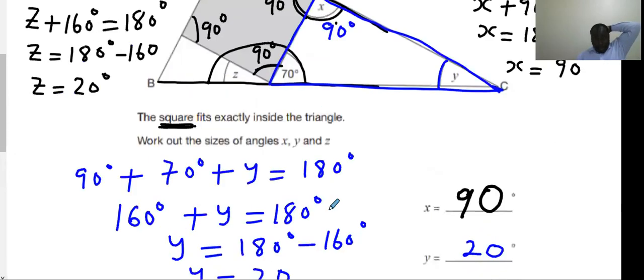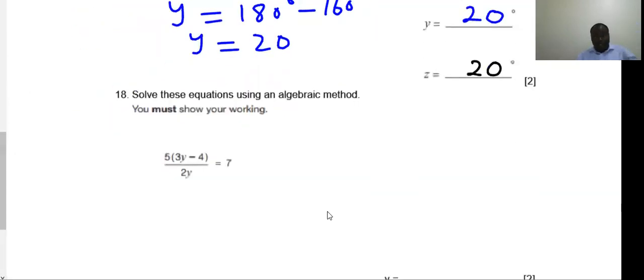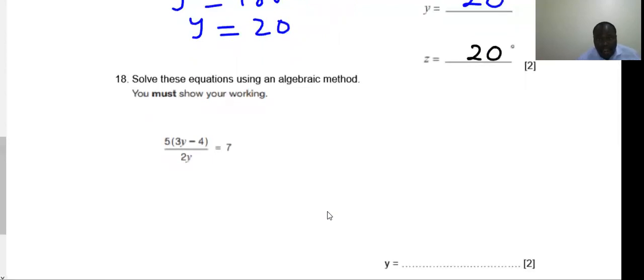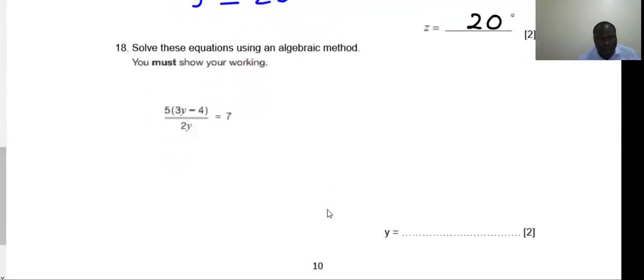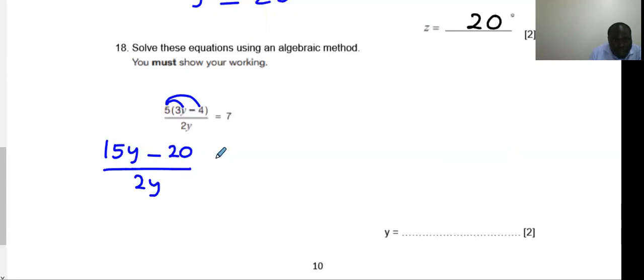All right, that is done. Solve these equations using an algebraic method. Oh, wow, this looks nice. First of all, let me try to expand brackets. 5 times 3y is 15y. 5 times negative 4 is negative 20, divided by 2y equals 7.